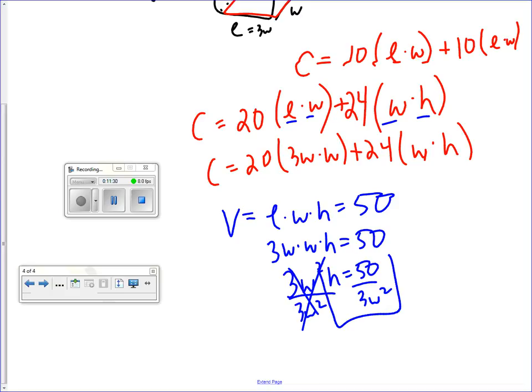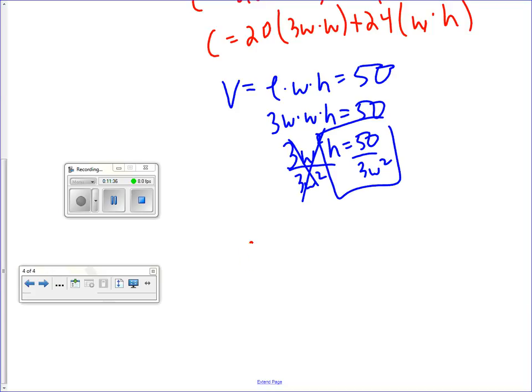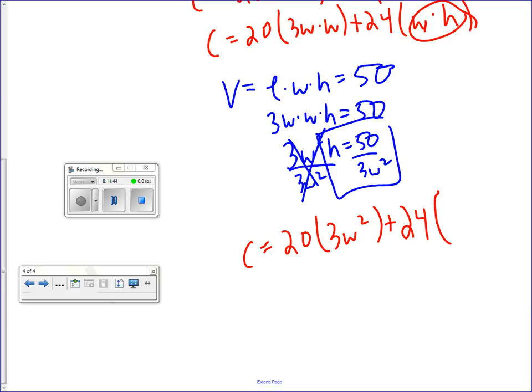So H equals 50 over 3W squared. So if I go back to my cost equation, cost is 20 times 3W squared plus 24 times, this will be now W times 50 over 3W squared. I just want to do some simplifying.